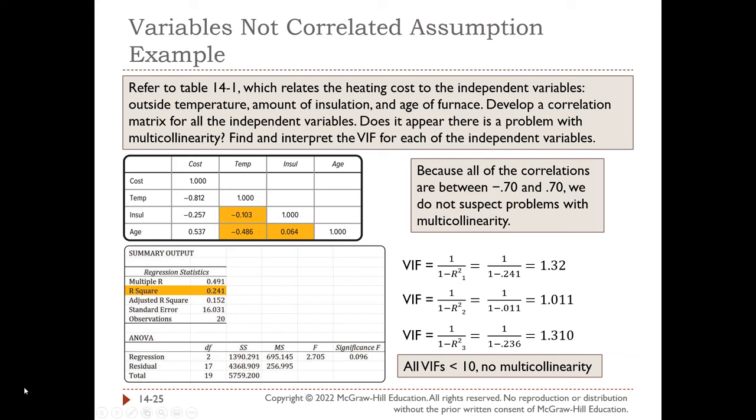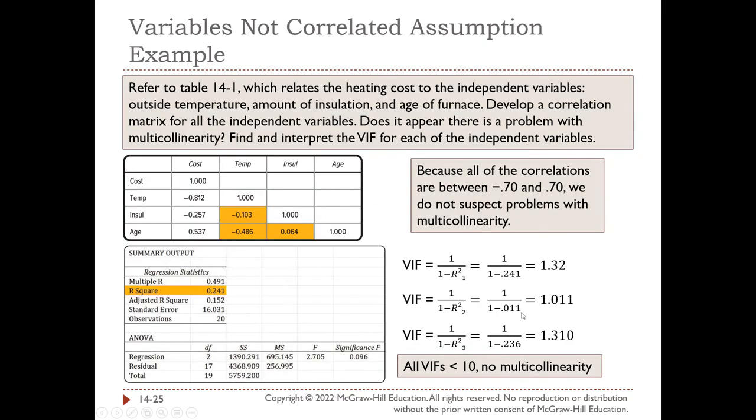Next, we do have r squared. Okay. So VIF is 1 divided by 1 minus r squared 1, which equals 1.32. And they will have to go through multiple ones for each individual variable.